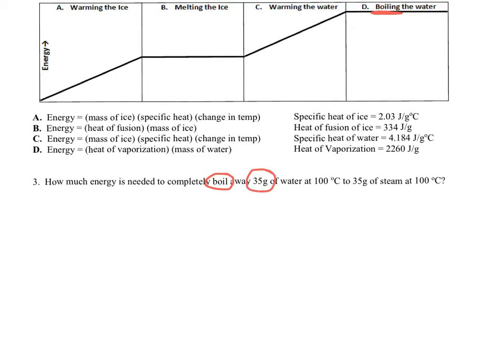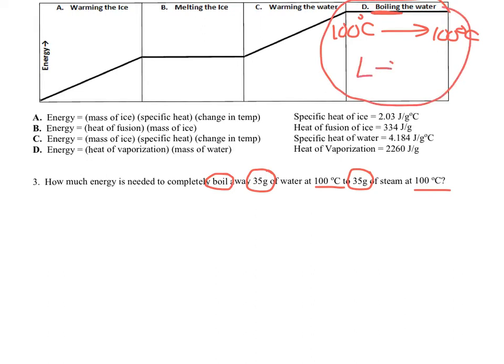It's boiling away at 100 degrees Celsius, and it becomes steam, 35 grams of steam at 100 degrees Celsius. Notice the temperature didn't change. So we're at 100 degrees Celsius and staying at 100 degrees Celsius. The only thing that could be is this section D right here, which is a phase change. You're going from liquid to gas, or as it said, from water to steam.